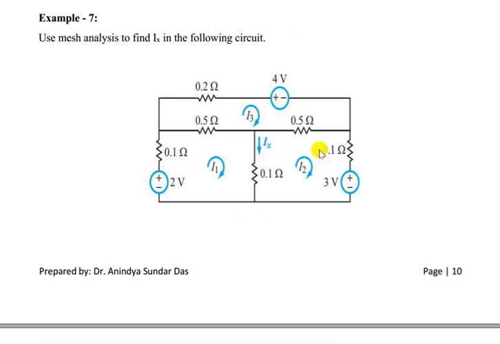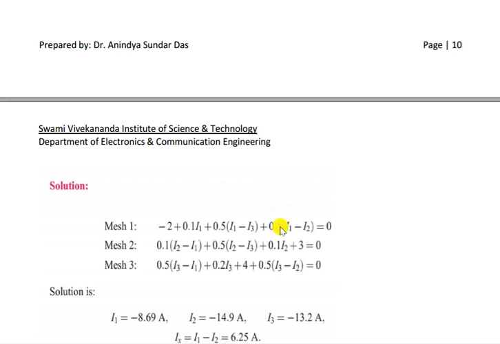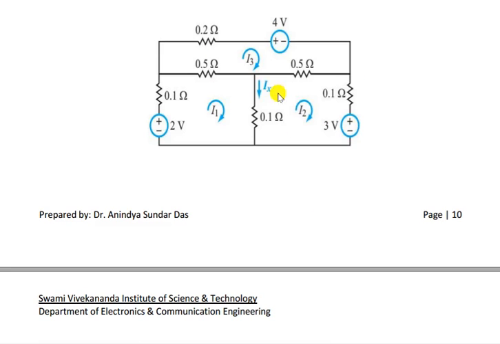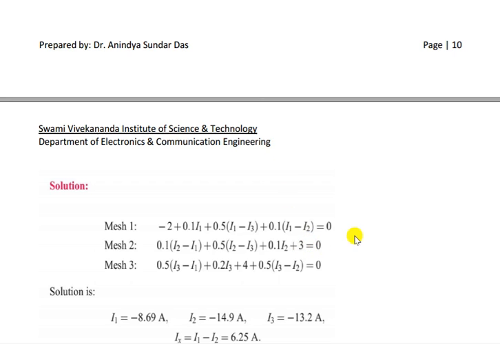That is the first equation. From mesh 2, plus 0.1 (I2 minus I1), 0.5 (I2 minus I3), then 0.1 I2, then it encounters plus sign before, so plus 3.